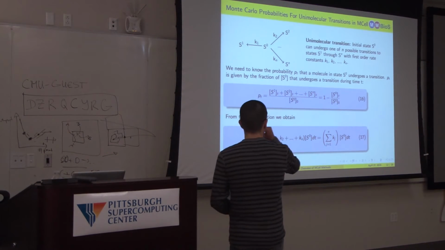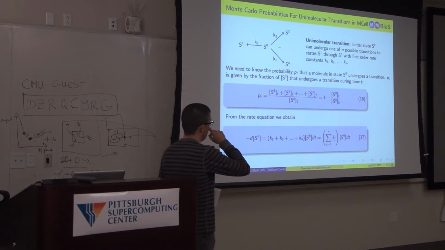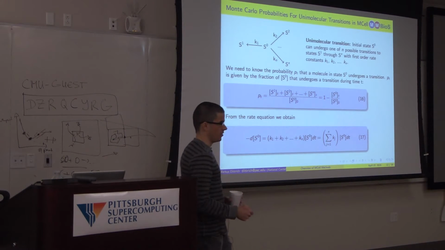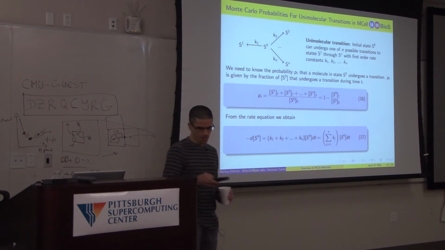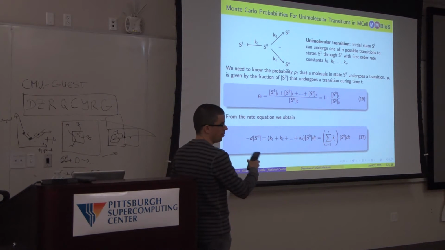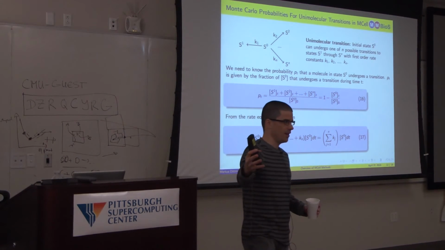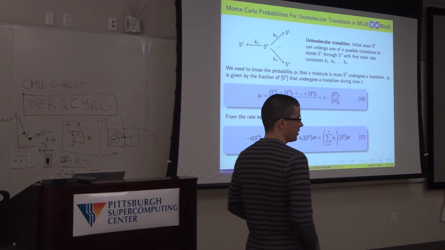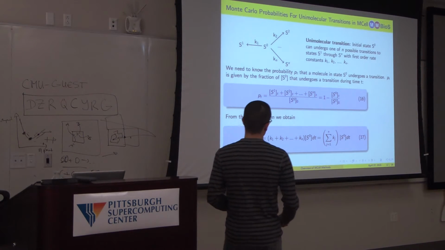And so the last thing I want to talk about briefly is the simplest case of reactions that can happen, which are unimolecular reactions. We have some molecule in state S0 that has reaction rate constants to go to state S1, S2, and there might be many others. So the particle transitions into one of these states. That's the simplest thing that can happen.